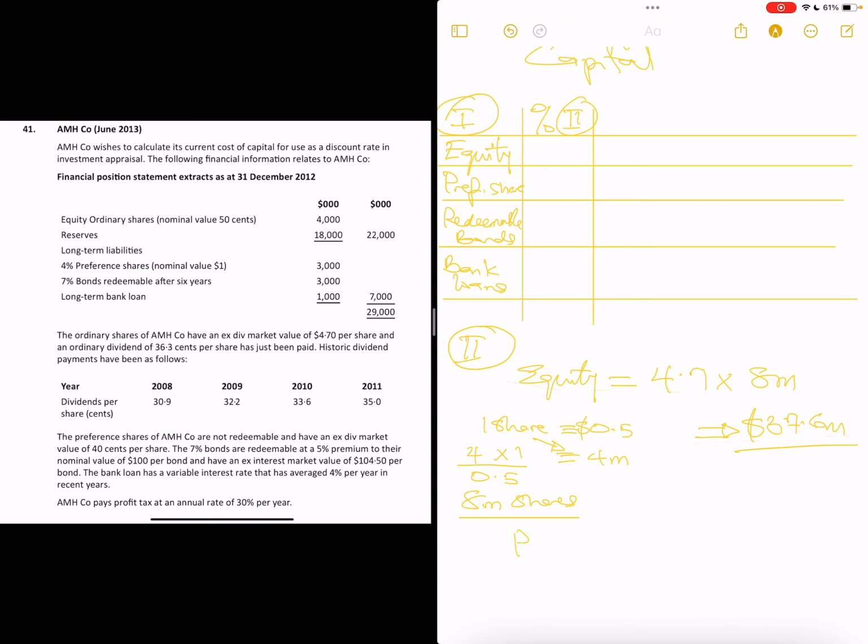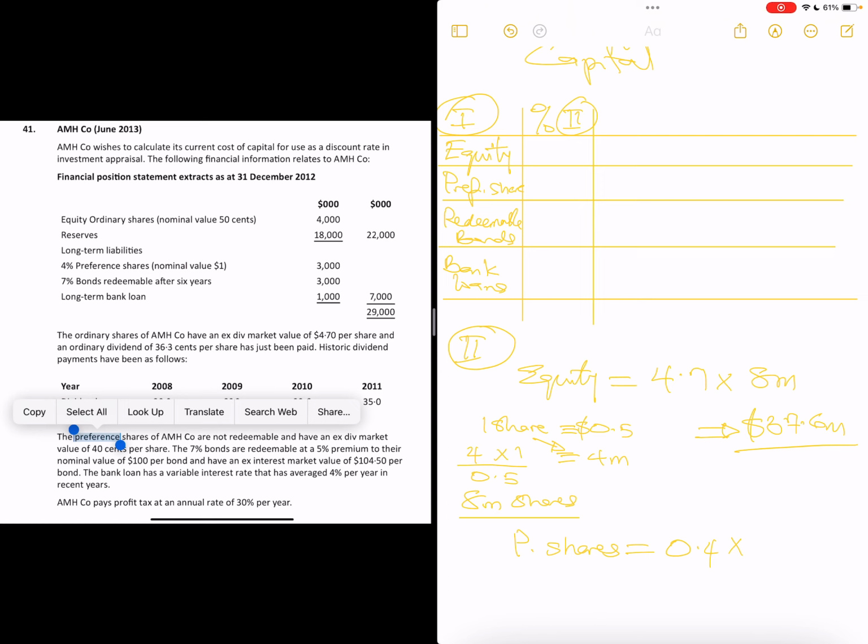For preference shares, they give us the price of preference shares. Okay, if you look at this last paragraph, the preference shares of AMH Co are not redeemable and have an ex-div market value of 40 cents per share. So that's $0.4. Then how many preference shares do we have? Let's find out from the question. The preference share has a nominal value of 1 and the book value is $3 million.